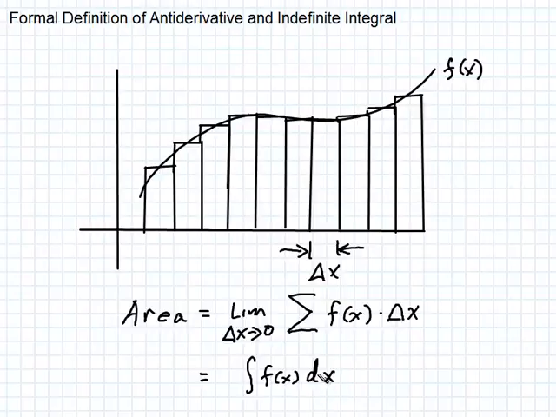And so f of x dx would be the area of a very, very, very thin strip. And the sum, instead of using the Greek version of an S for sum, we go back to an English version of an S for a sum, except it's elongated like this because we're going to put more notation on it a little bit down the line.